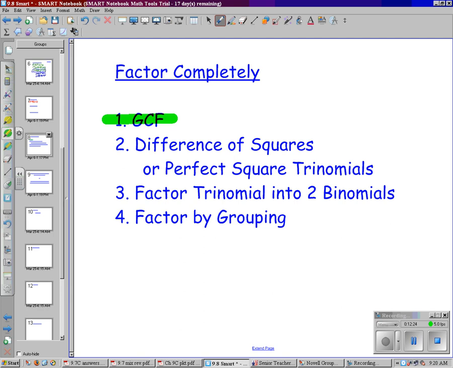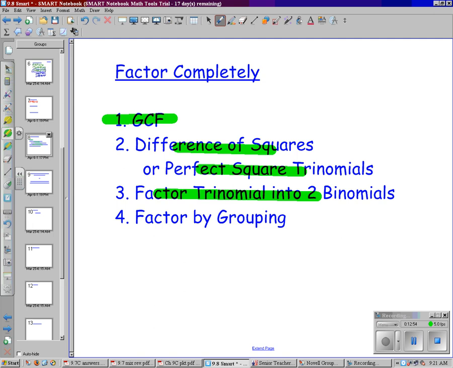You're looking for that difference of perfect squares or having a perfect square trinomial. Those are the patterns we talked about yesterday in class in 9.7. If it's not one of those patterns and you've taken out any GCF that's possible, then you have to factor the old-fashioned way. Guess and check.